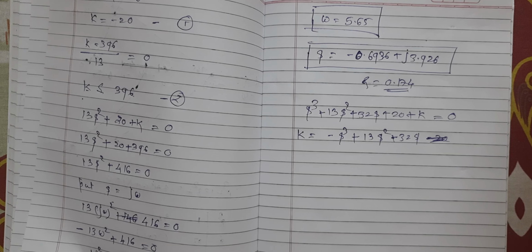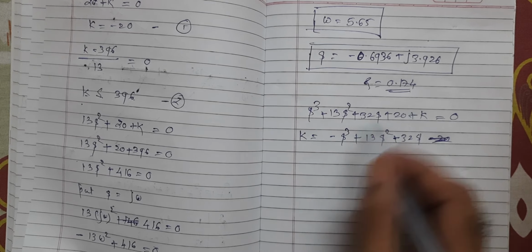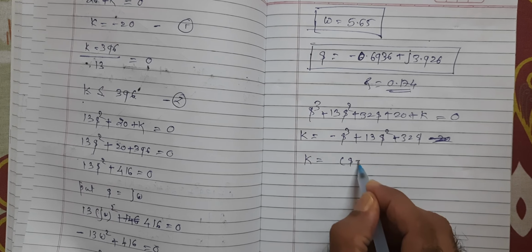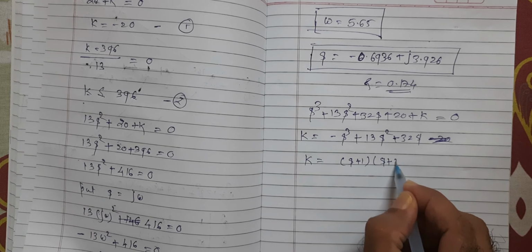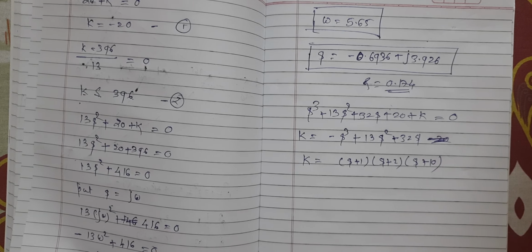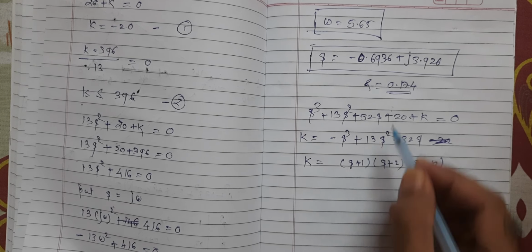Or we can write down k equals s plus 1, s plus 2 and s plus 10. So at this s we will put the value of the s.